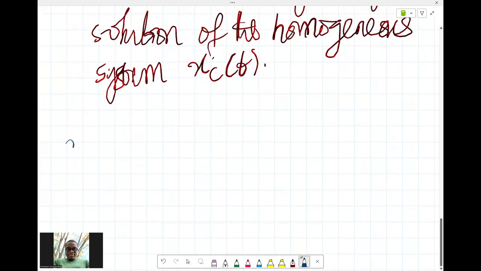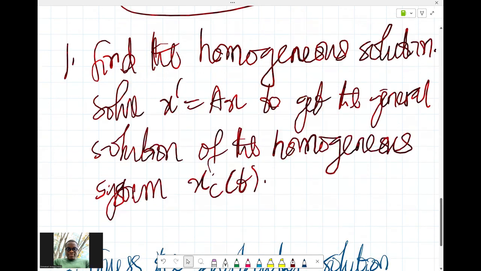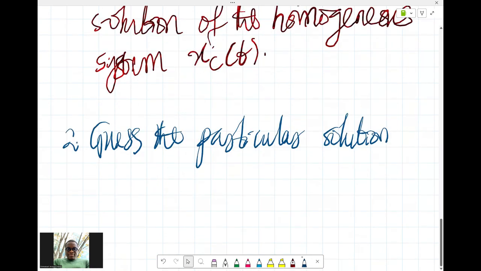Then number two, you guess the particular solution, which can be seen as xp of t in this case.